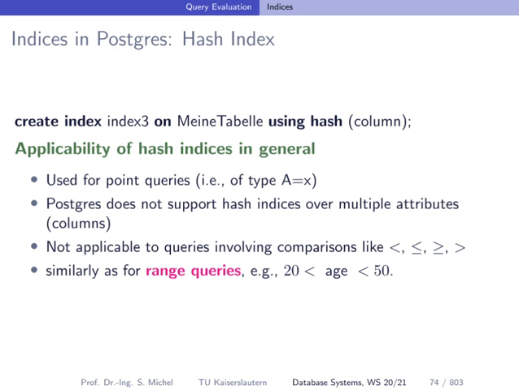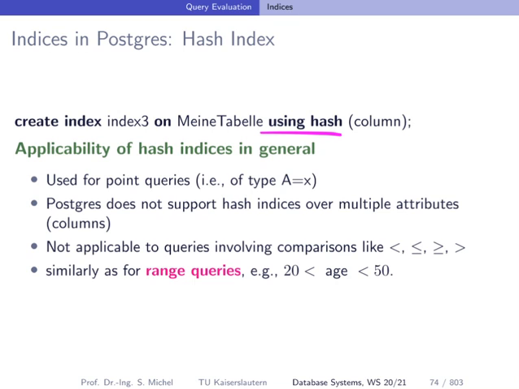So we did not say anything about having hash indices in Postgres. So here is how you create them. Since B+tree indices are the standard indices in Postgres, if you want to have a hash index, we need to write using hash. In general, hash indices are used only for point queries.